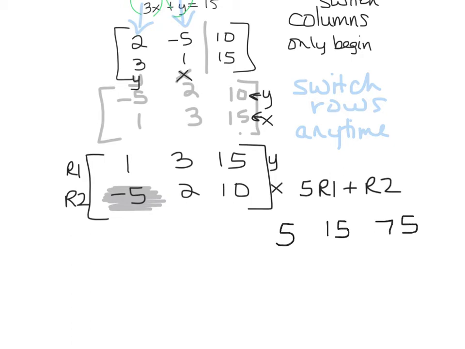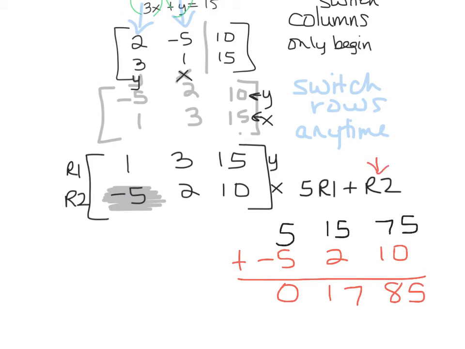I'm going to add that to row 2, and I'm going to get -5, 2, and 10. That's row 2. I'm going to add it up, and this is now my new R2. So my R1 is the same. I've got a new R2.